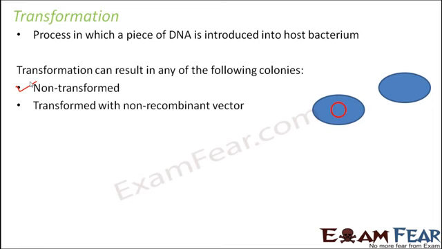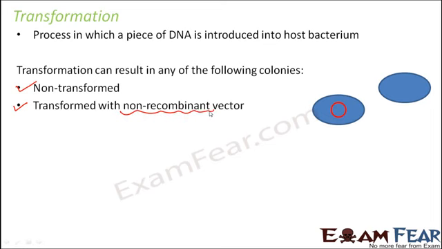The second possibility could be transformed with non-recombinant vector. That means it got transformed, it underwent certain change, but with non-recombinant vector. There was no recombination which took place. Now when we say non-recombinant vector, what is recombinant vector?